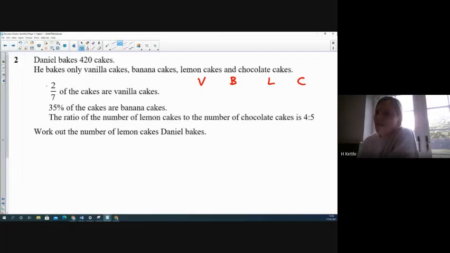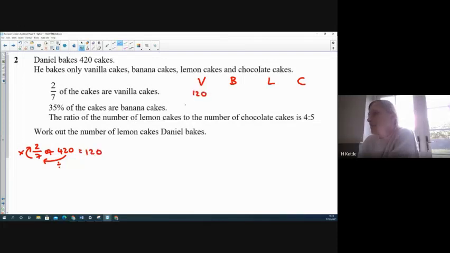So if we want 2/7 of 420, if we want a fraction of a number, remember we divide by the bottom and times by the top. So 420 divided by 7 is 60, and 60 times 2 is 120. So we have 120 vanilla cakes. 35% of the cakes are banana.